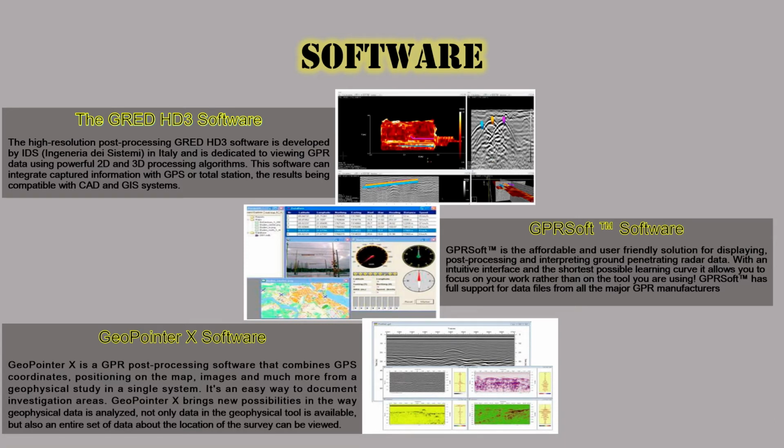Geopointer X brings a new possibility in the way geophysical data is analyzed: not only is data from the geophysical tool available, but also an entire set of data about the location of the survey can be viewed.